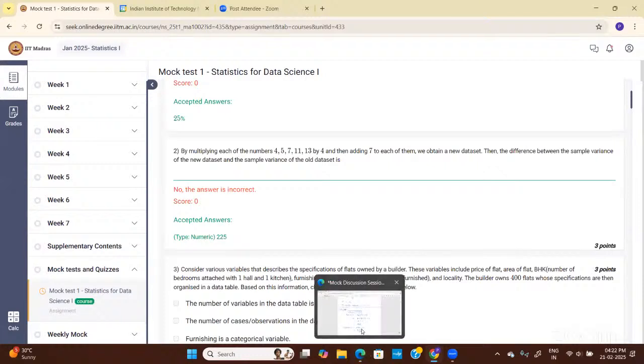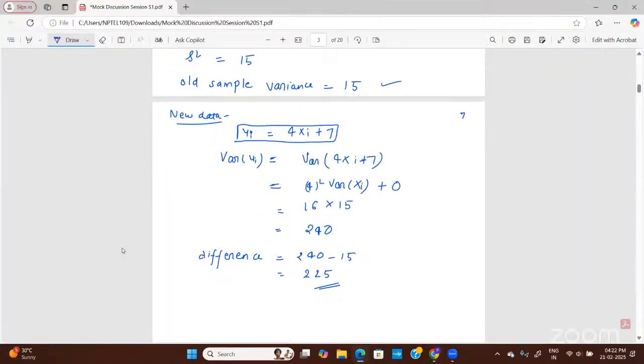If you have any data set, and you add a constant to all the data points, or multiply all the data points by a constant, there are some results. If you have studied week 3 thoroughly, you will see how the variance gets affected. If you multiply the data points by a constant, the old variance gets multiplied by the square of that constant.